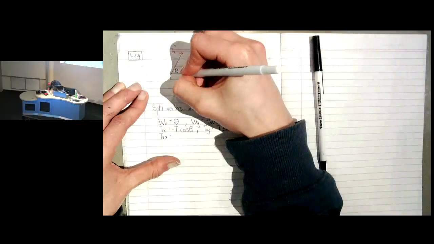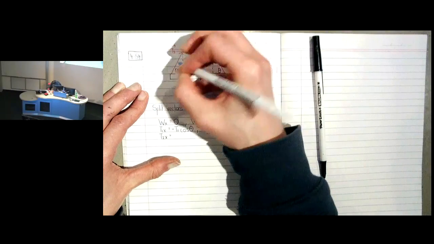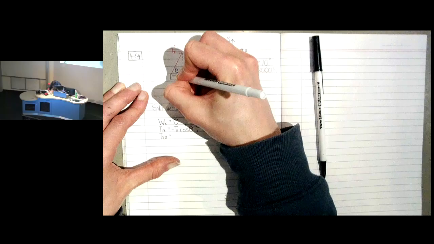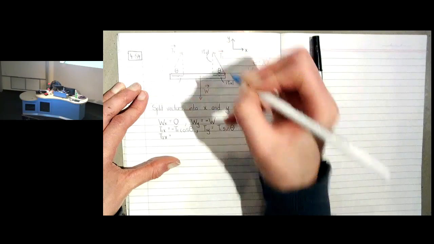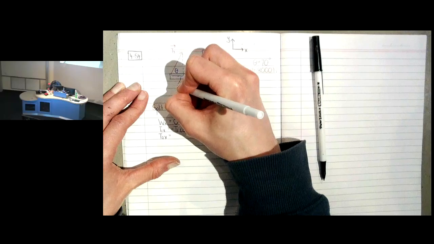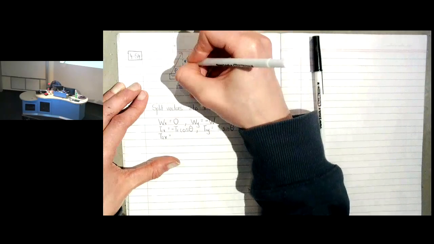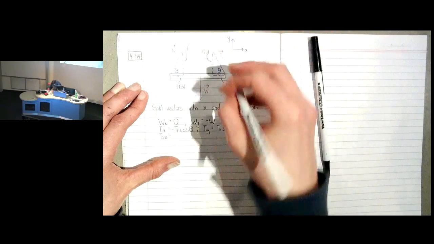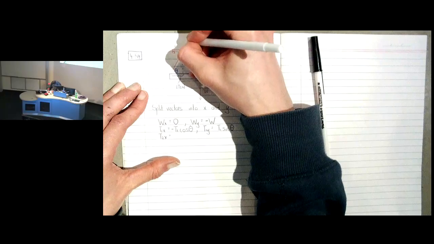If we draw up another right-angled triangle around here, this side length here is going to be equal to the magnitude of T2x, and this side length here is going to be equal to the magnitude of T2y.